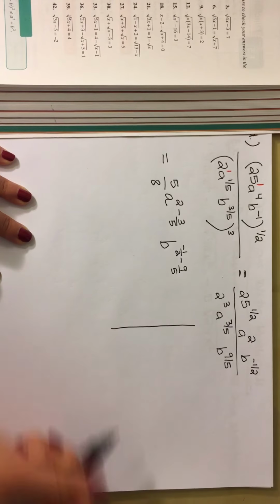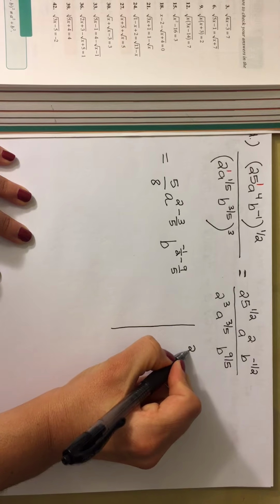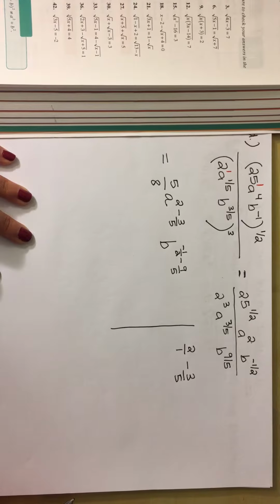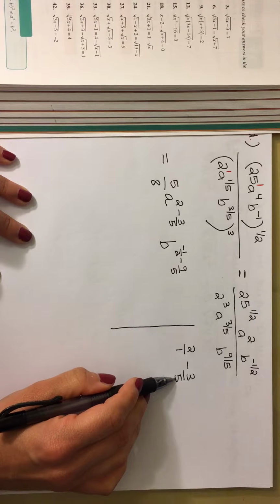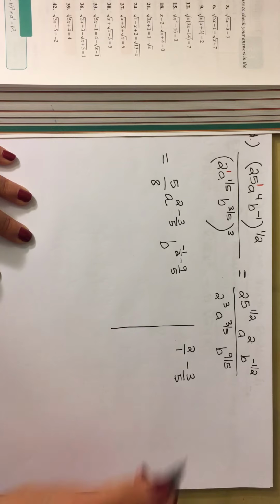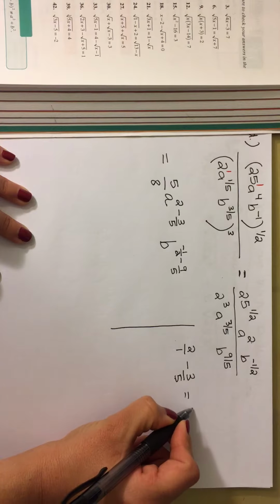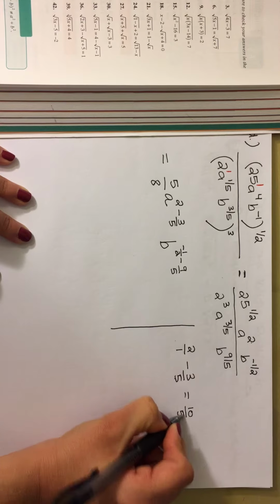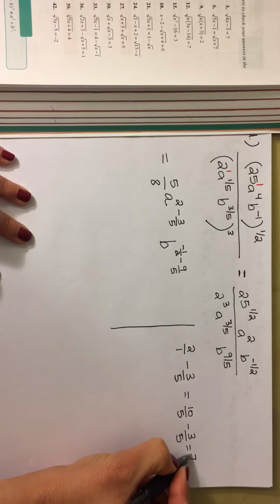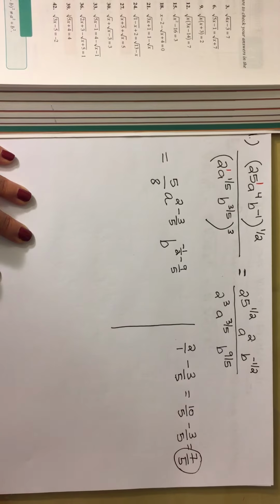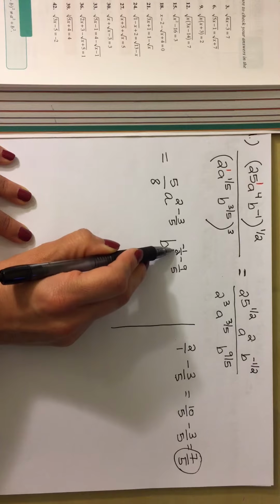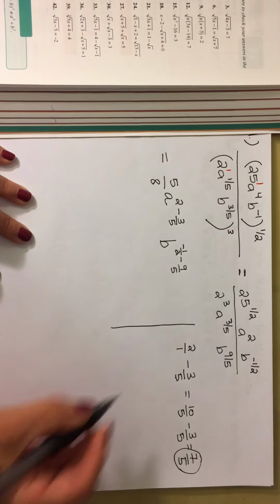Off to the side here, let's do our calculations. 2/1 minus 3/5. You need to get a common denominator, which in this case is 5. And so we have to multiply 2/1 by 5/5. So when you do that, you get 10/5 minus 3/5. That gives us 7/5. That's the exponent for A. Let's do the subtraction for these two.